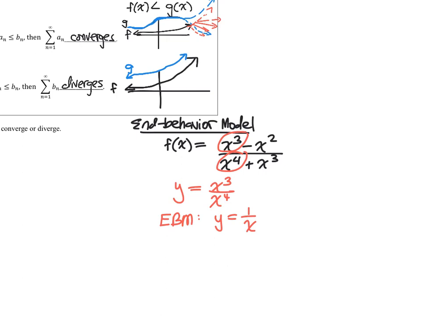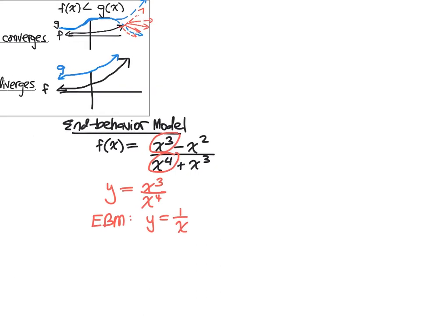Now, here's another example. Let's say I have g of x this time. g of x equals 2x squared minus x over x to the fourth minus x cubed.